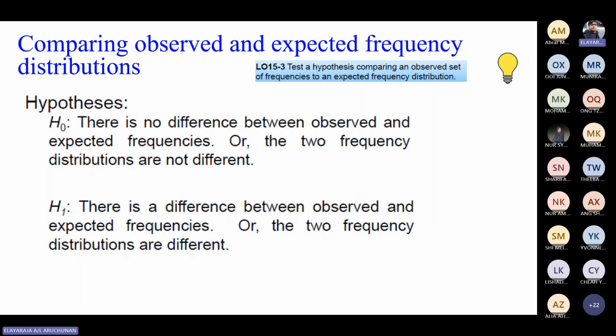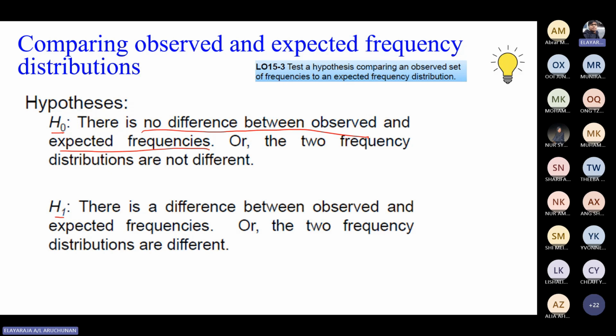We have two types of hypothesis: one is the null hypothesis, another is the alternative hypothesis. The null hypothesis usually says there is no difference between observed and expected frequencies.